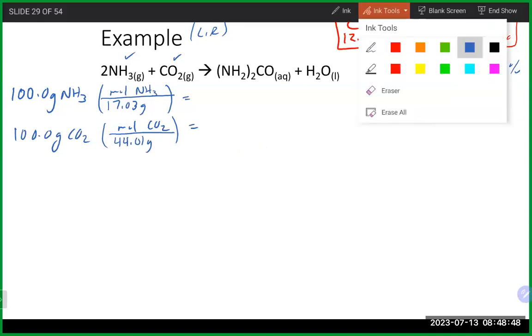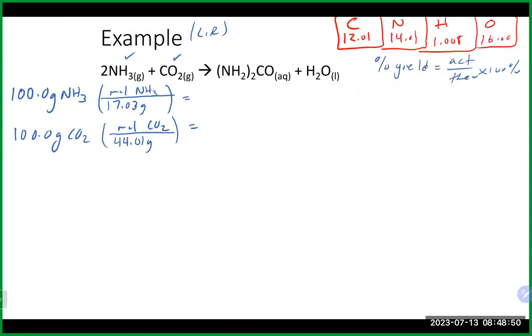And here we go. We got 100 divided by 17.03, going to give us 5.872 moles of NH3. We have 100 divided by 44.01 for our CO2, which is 2.272 moles of CO2.